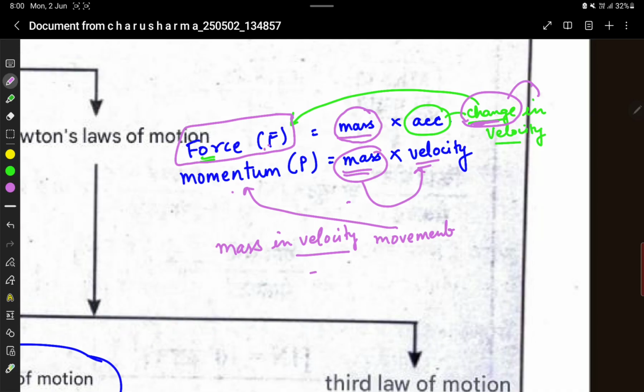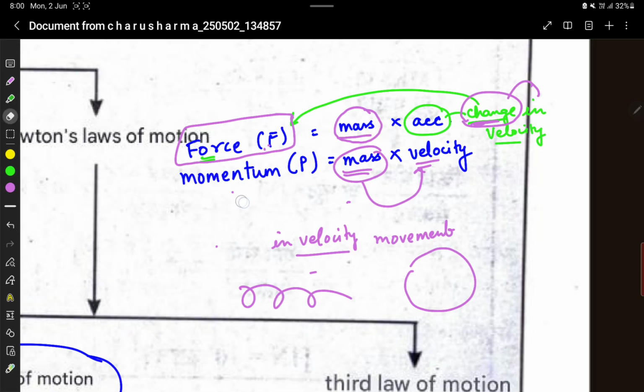Now there can be n number of examples. A ball is moving, that is also momentum. Earth is moving around the sun, that is also momentum. A train is moving, that is also momentum. So everything that is in velocity and has mass, we say it represents momentum. I hope that much is clear.